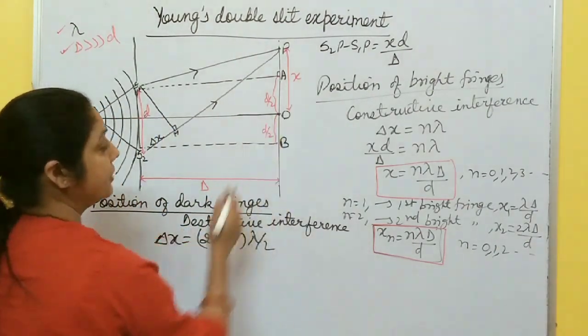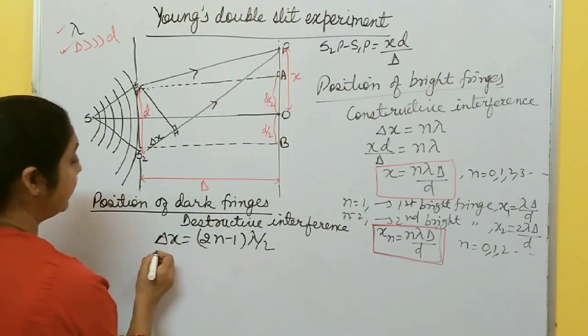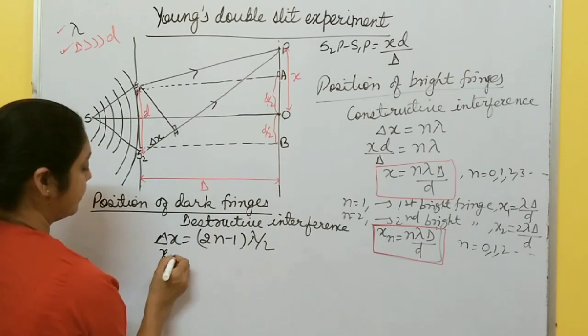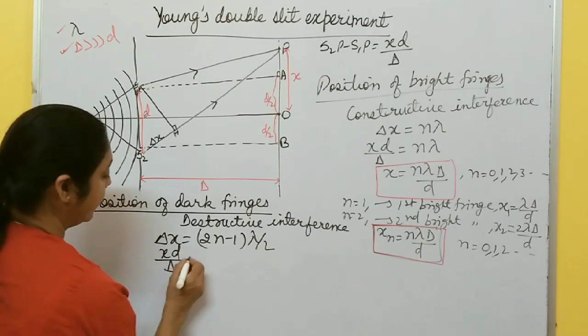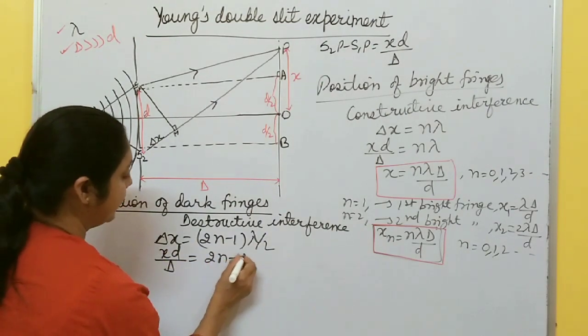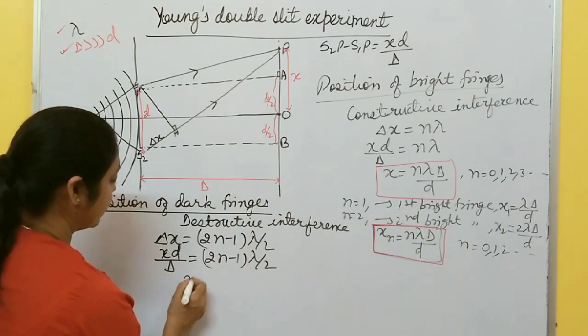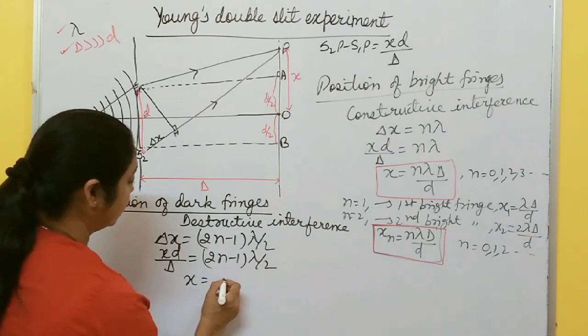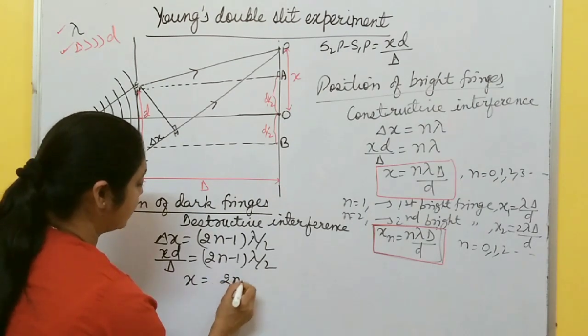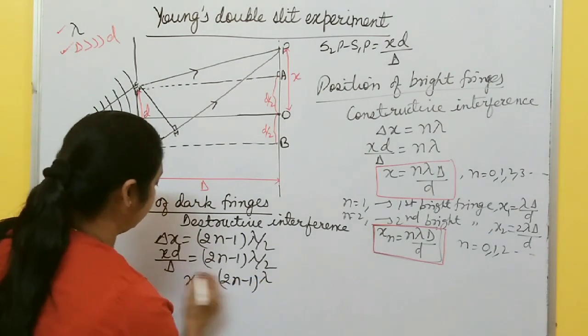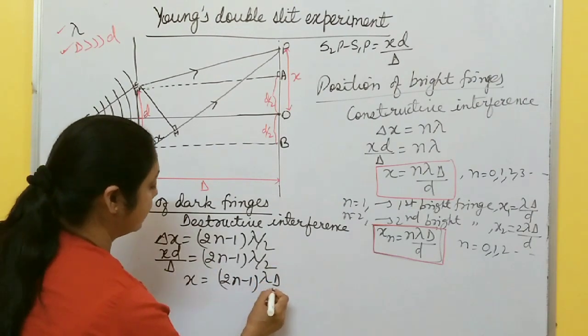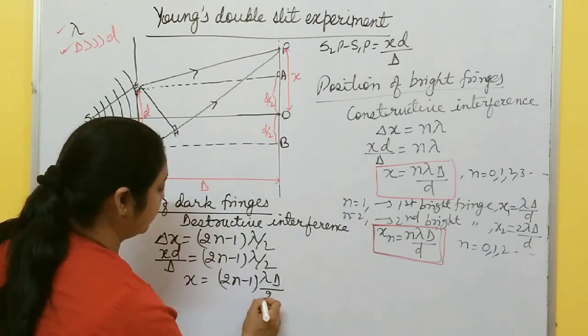And what is the path difference between the two sources at point P? We get xd/D = (2n − 1)λ/2. So from here, x = (2n − 1)λD/2d.